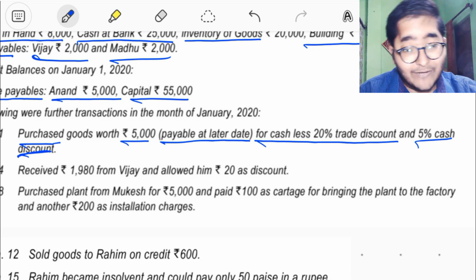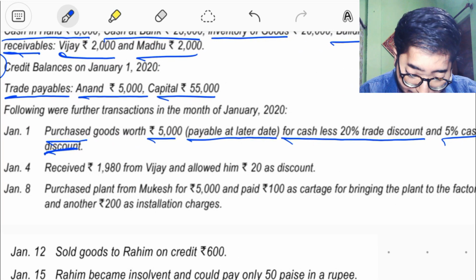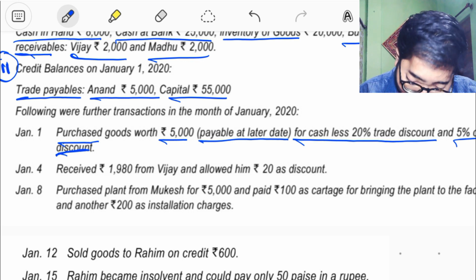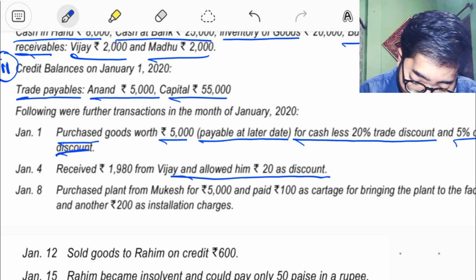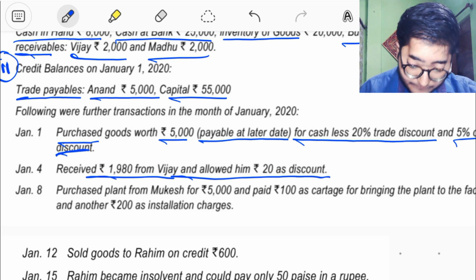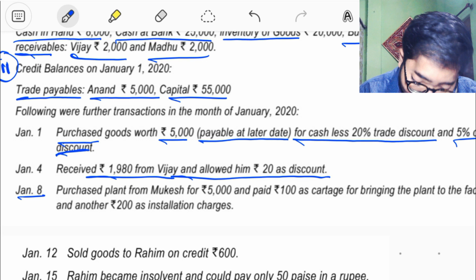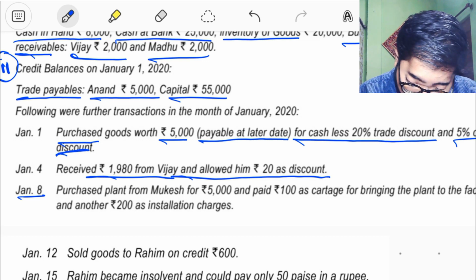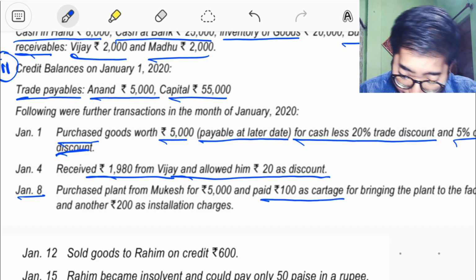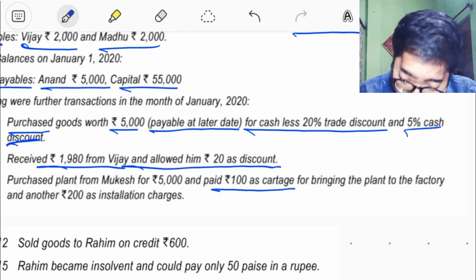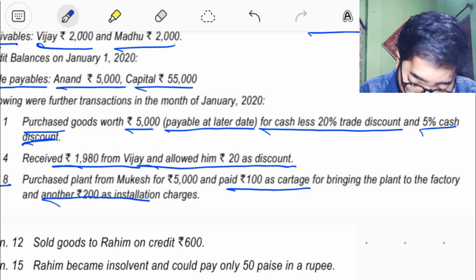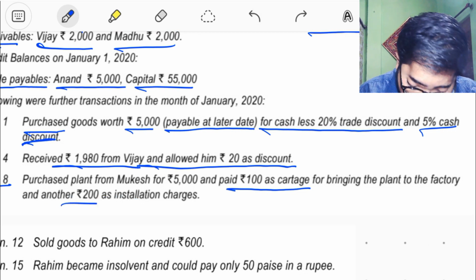The next entry, as on January 4th, received rupees 1980 from Vijay and allowed him rupees 20 as discount. January 8, purchased plant from Mukesh rupees 5,000 and paid rupees 100 as cartage for bringing the plant to the factory and another rupees 200 as installation charges.